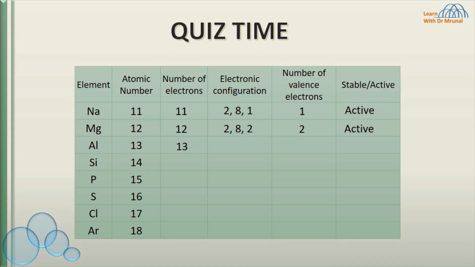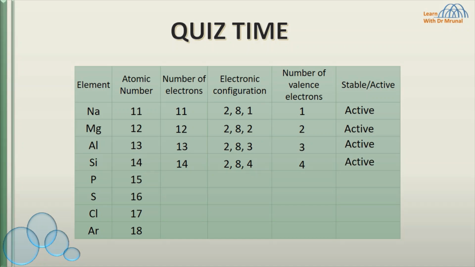In case of aluminium, tell me how many valence electrons are there? Correct. There are 3 valence electrons and it is also active. Silicon, there are 4 valence electrons. Tell me whether it will be active or stable. Correct.